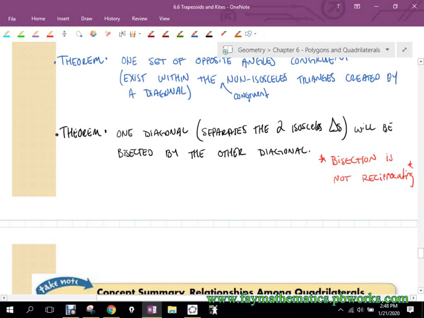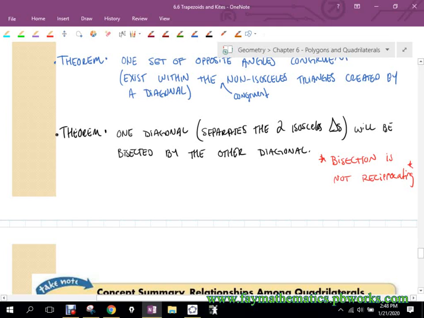Let's say Hunter throws a punch at me and I reciprocate, what does that mean? I hit him back, right? So when something gets bisected, and it reciprocates, that means it bisects something else, right?